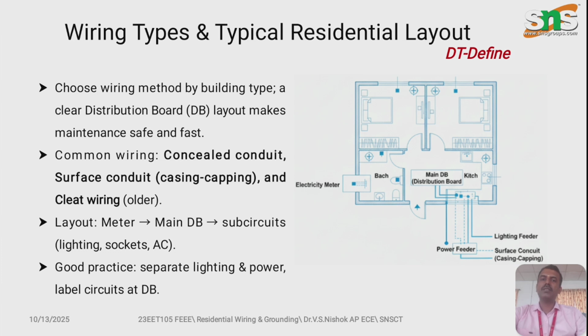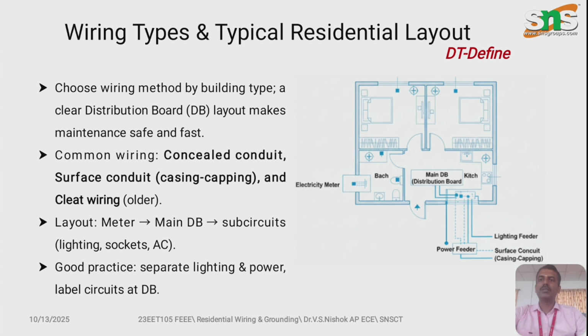So we are starting with wiring types. While building the house itself, we need to decide what type of wiring we are going to use, and we need to use a relevant main distribution board, which makes the maintenance efficient and safer.